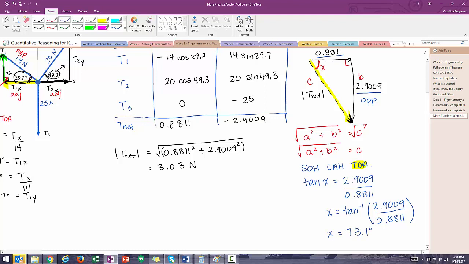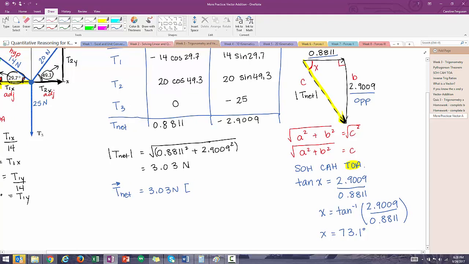73.1 degrees. Okay, so now if I'm looking for my net tension, this time I'm going to write it without those lines on the side, and I'm going to put an arrow on top. So the arrow is telling me that this is a vector because it has a magnitude and a direction. It equals 3.03 newtons, and in brackets I'm going to write the direction. And the direction would be 73.1 degrees below the positive x-axis.